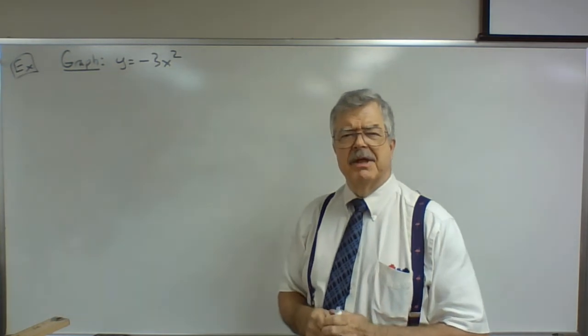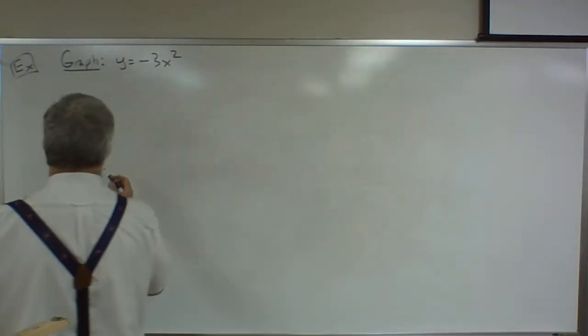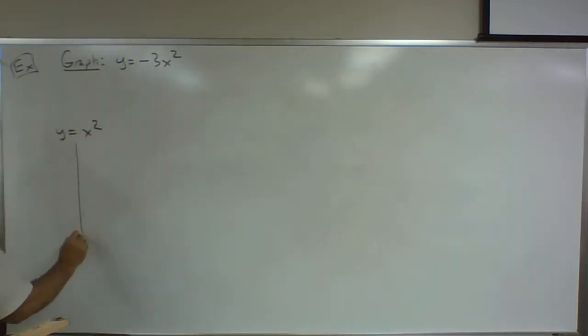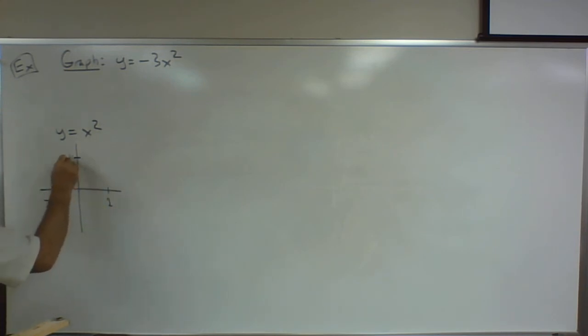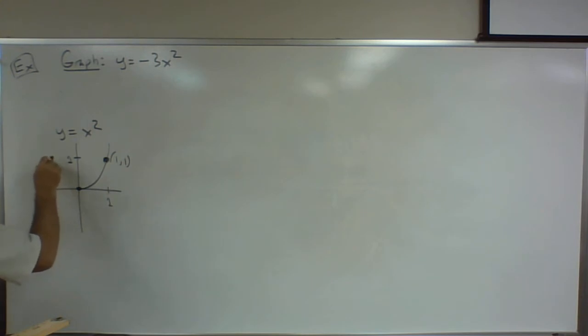What do you think that would be? Y equals x squared, right? So I'm going to take the graph of y equals x squared, and I'm going to draw that graph. There, that's the graph of y equals x squared.